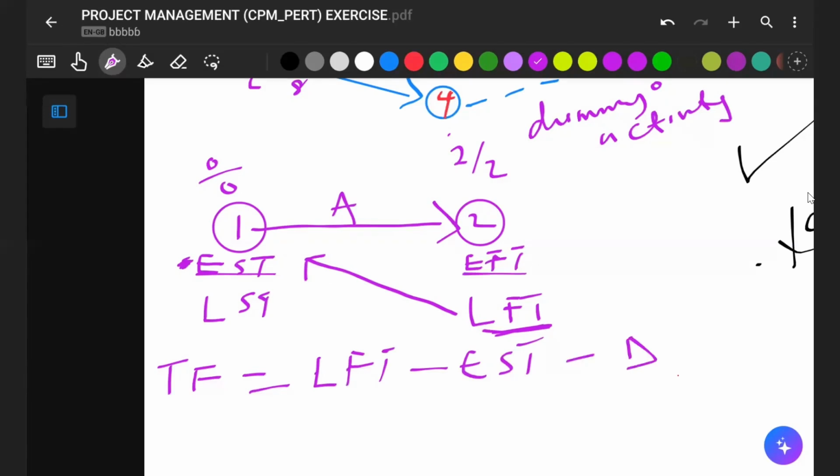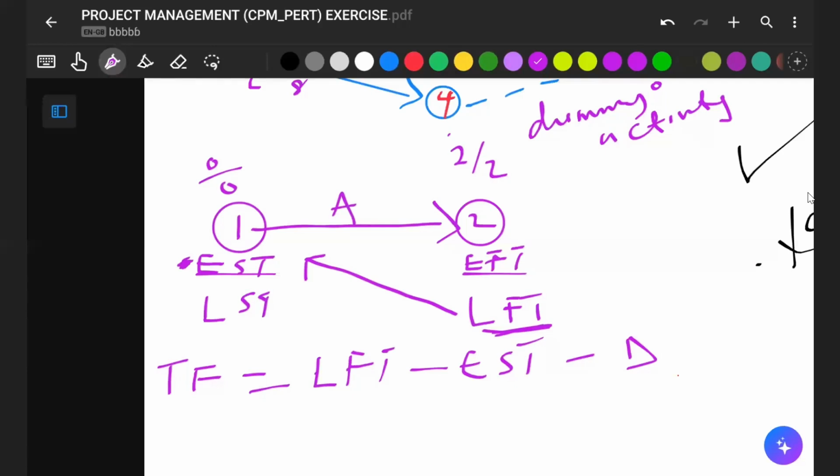This is the formula for total float. The latest finishing time for activity A minus the earliest starting time for activity A, then minus the duration.